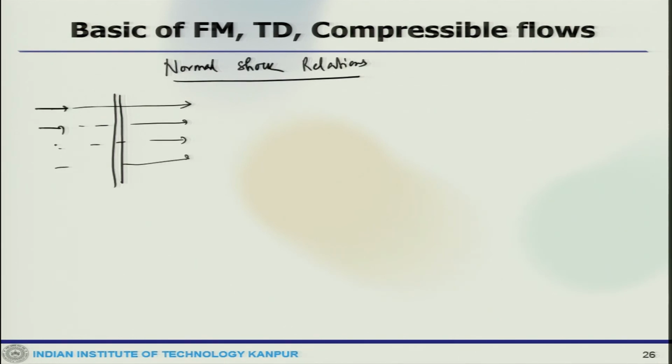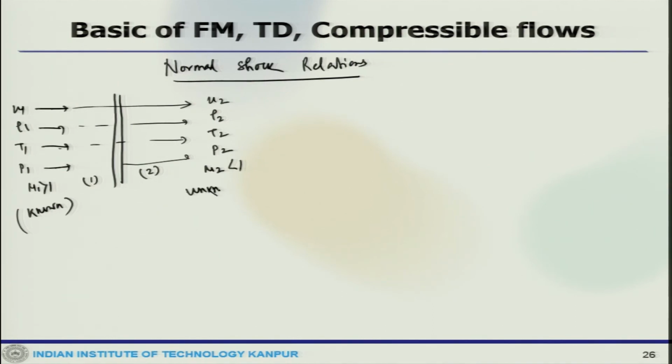So, upstream we have U1, rho 1, T1, P1, M1, greater than 1, this is state 1, and this is U2, rho 2, T2, P2, and M2 less than 1, this is state 2. So, this upstream information is all known, and downstream information is sort of unknown.